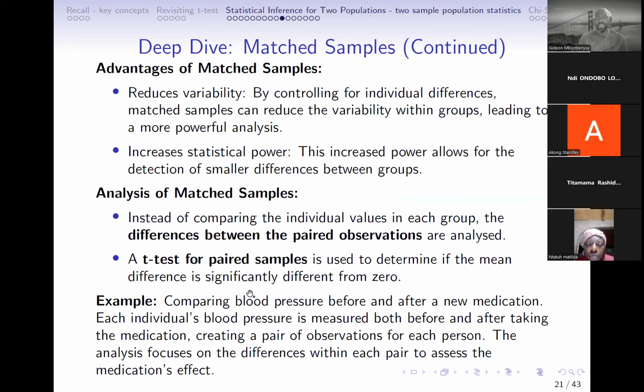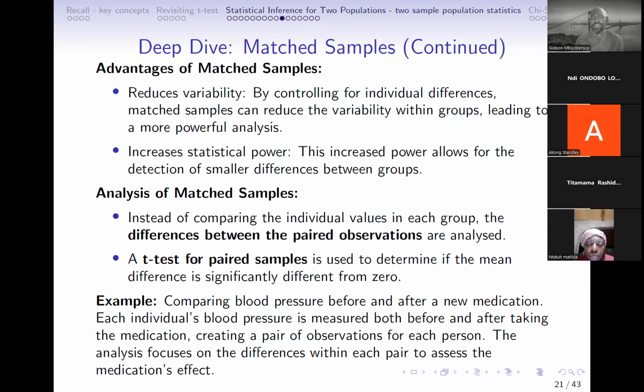When you are dealing with a matched sample and calculating the differences in the pairs, you reduce the variability, the variability here being how do the differences vary across these two samples. You are controlling the individual differences, and then you are only dealing with the data that consists of those differences. So the matched samples can reduce the variability within groups, and that gives you much more insight into your statistics.